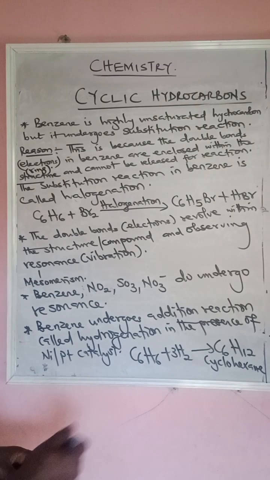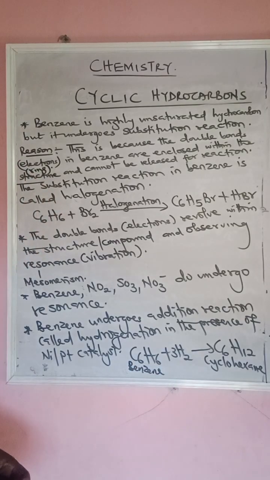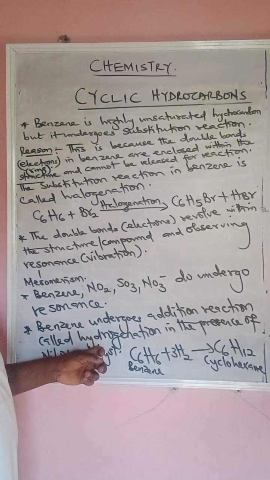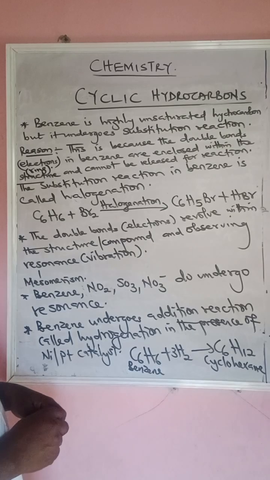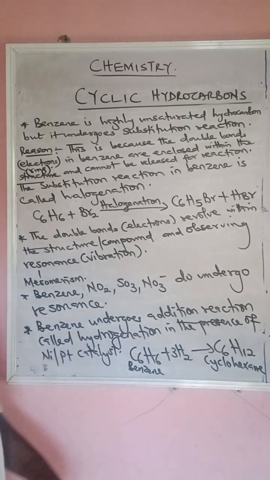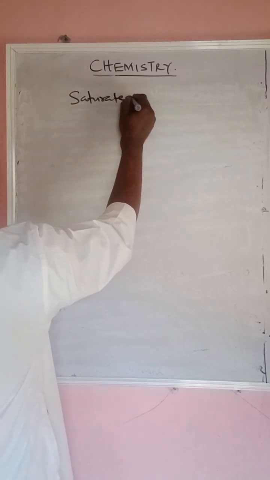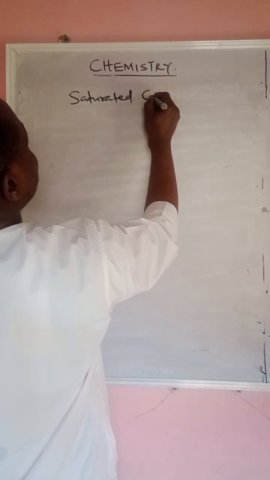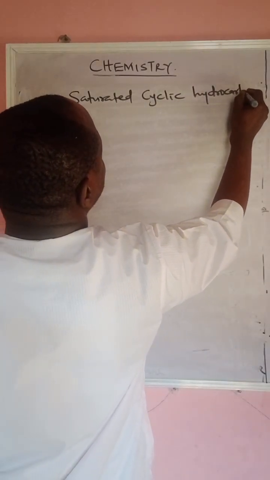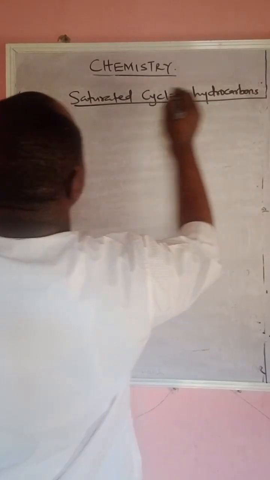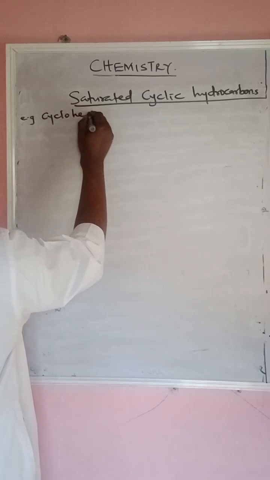So the conversion of benzene to cyclohexane, we call it hydrogenation. So what is the product of catalytic hydrogenation of benzene? We call it cyclohexane. We talk of saturated cyclic hydrocarbons, e.g., cyclohexane, C6H12.